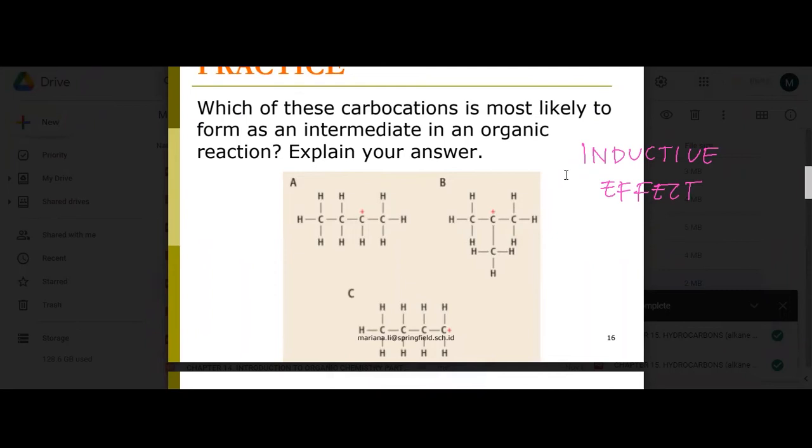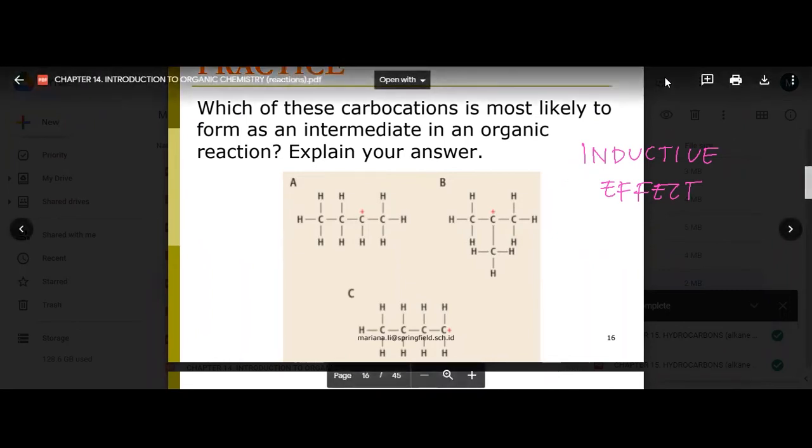Okay, so look at this question. Which of these carbocations is most likely to form as an intermediate in an organic reaction? Your knowledge about carbocation is very important, since in chapters 15 until 18, we will learn about organic reaction mechanisms, and most of them go through a carbocation intermediate. So if you understand this well, you can understand the mechanism well. Okay, so which one?